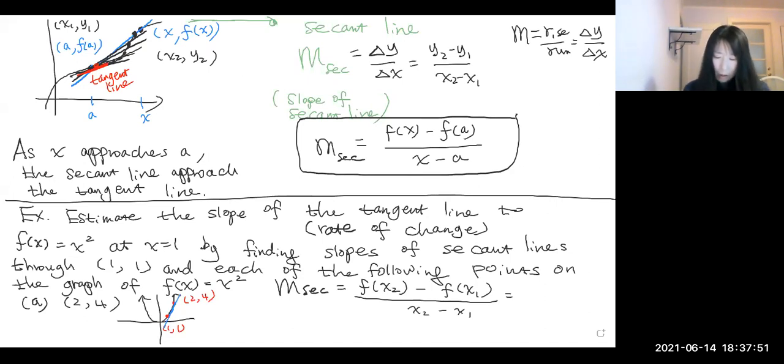All right, so let's make x sub 1, y sub 1, this one. This is x sub 2, y sub 2, okay? Then f of x2, which is f of 2.